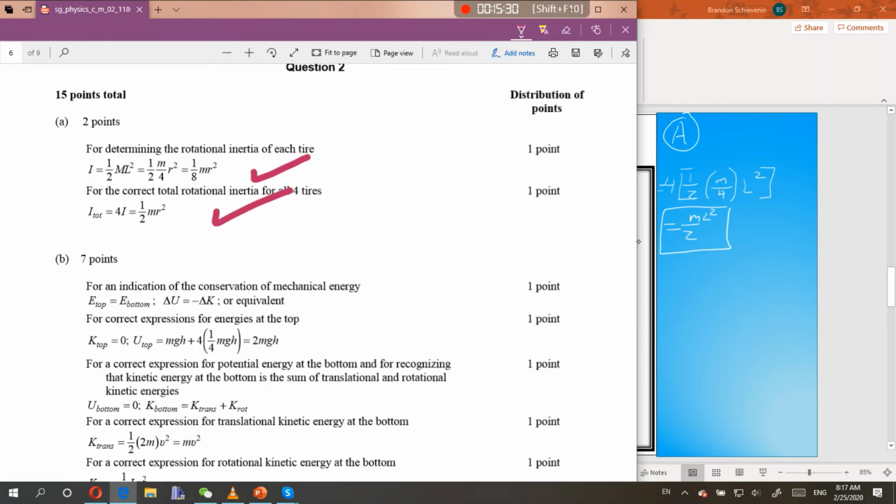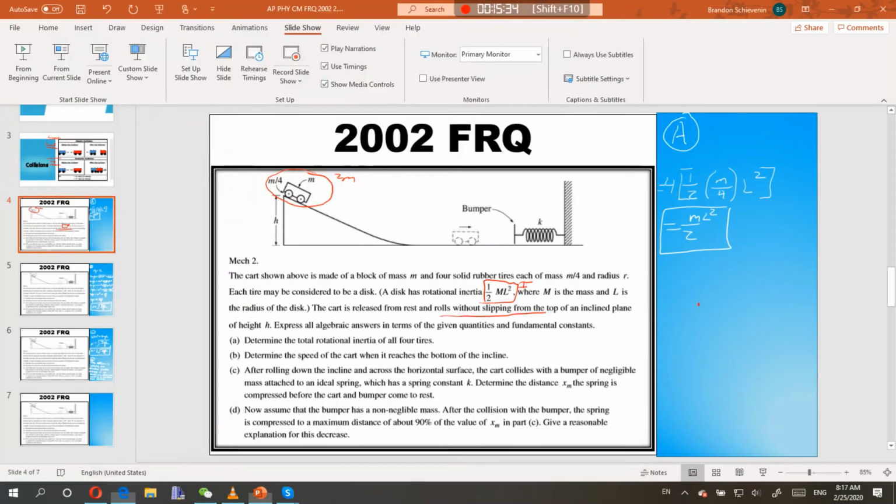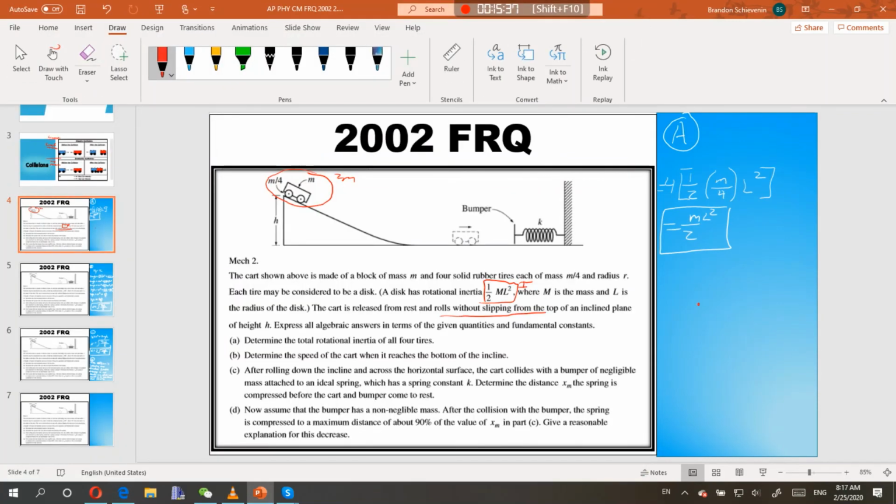We did not substitute for L. I don't know if they were looking for that or not. Was there anything in the question that said we had to? In terms of given quantities and fundamental constants. Then we don't need to, I think.